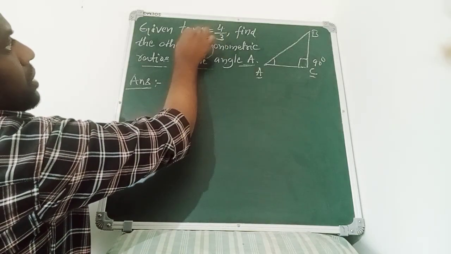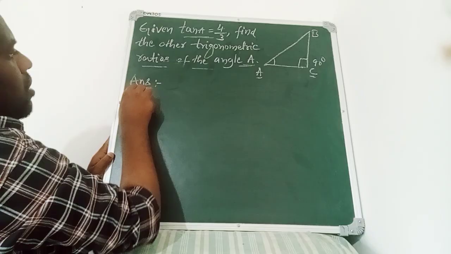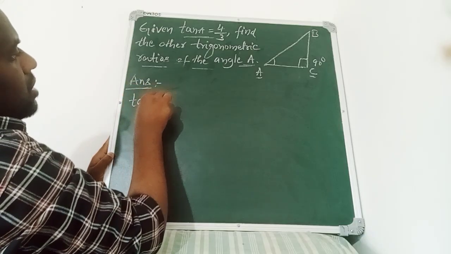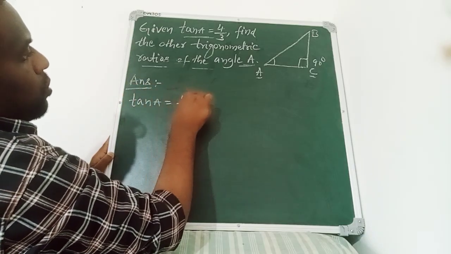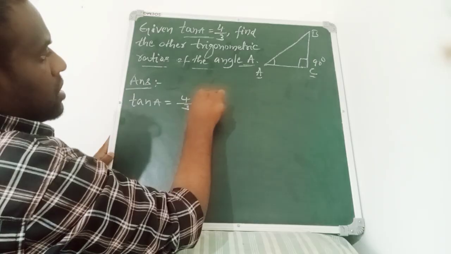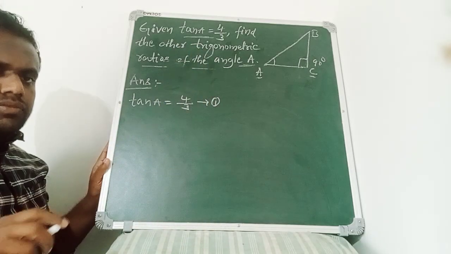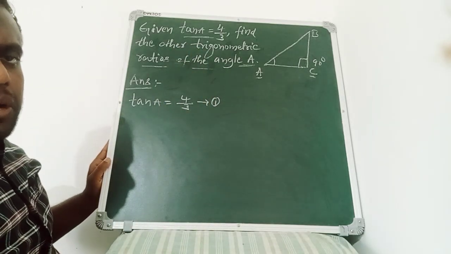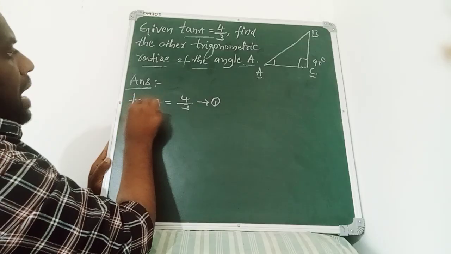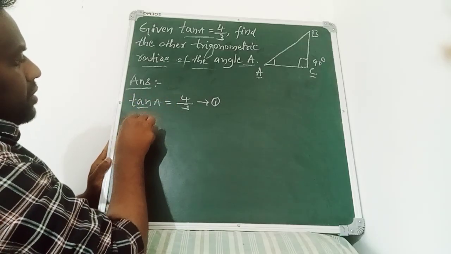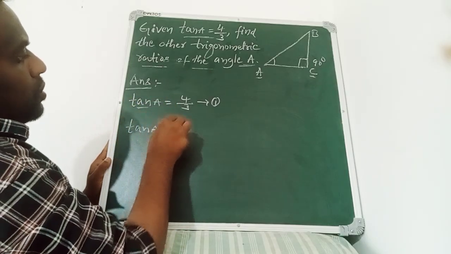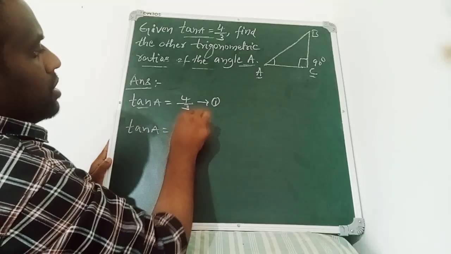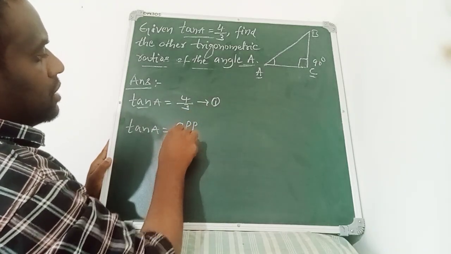First, whatever is given, you take. Tan A is equal to 4 by 3. Call this as equation 1. Now we have a formula for tan. I will write here. Tan A is equal to, formula is opposite side by adjacent side.